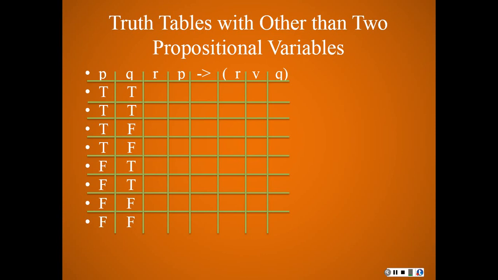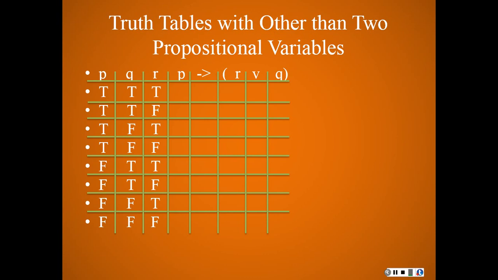Okay, now that I've done that for Q, I move on to R. R is the last column for filling in possible truth values for propositional variables in my truth table. The last propositional variable always involves alternating between true and false. That is, it always goes true, false, true, false, true, false, and so on until one reaches the bottom row.